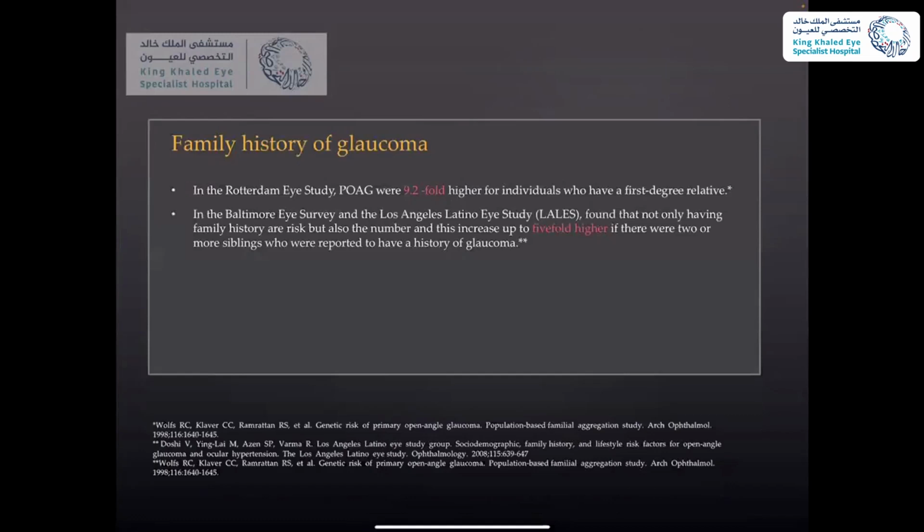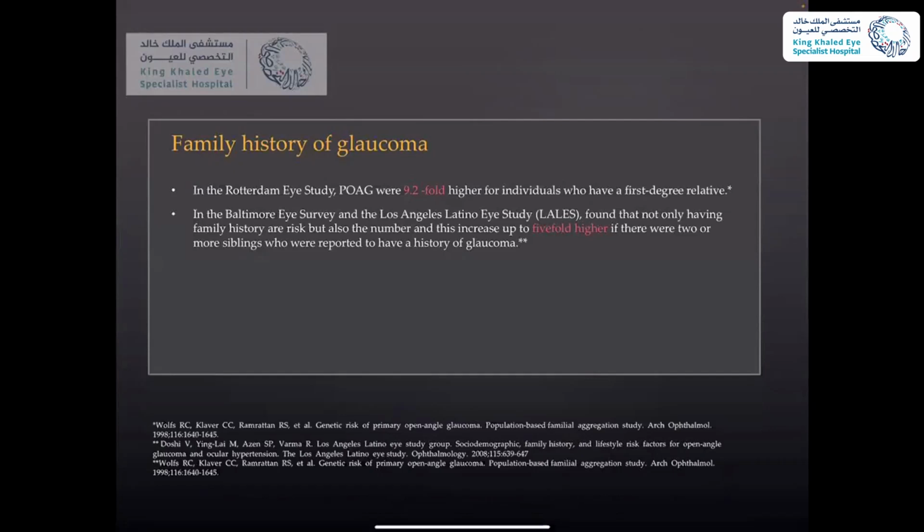What about family history? We all know that family history is part of the risk factors of primary open-angle glaucoma. As you see here, the risk of primary open-angle glaucoma is twofold higher, 9.2%, in an individual with a first degree relative with glaucoma.